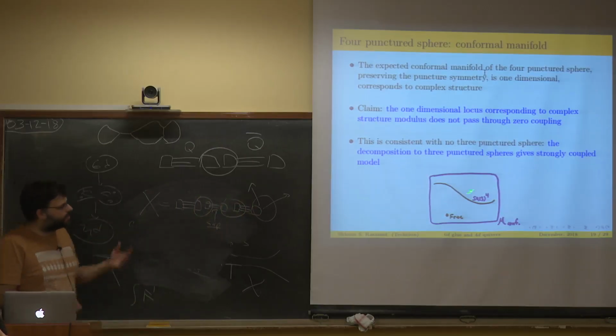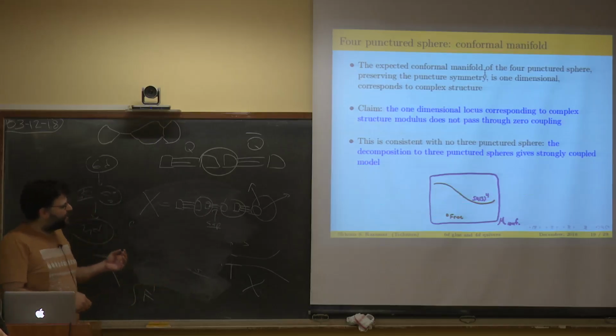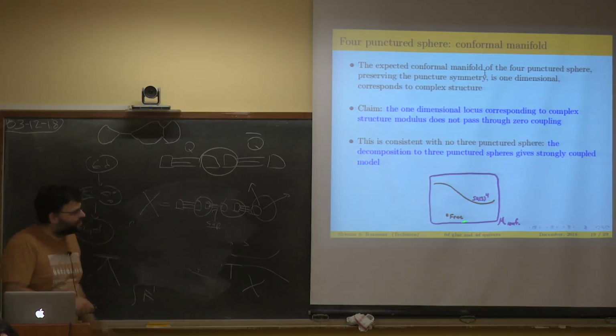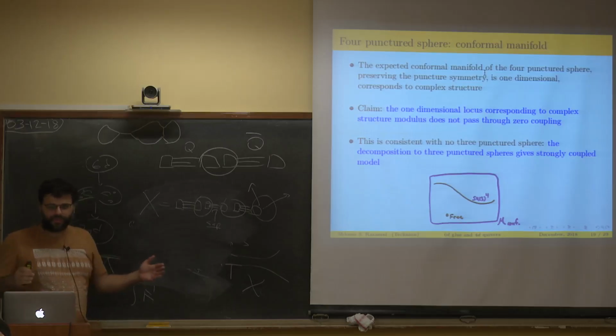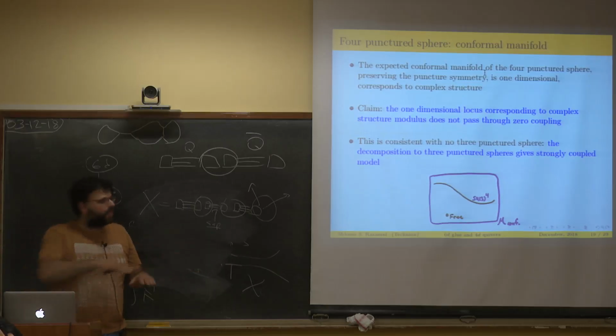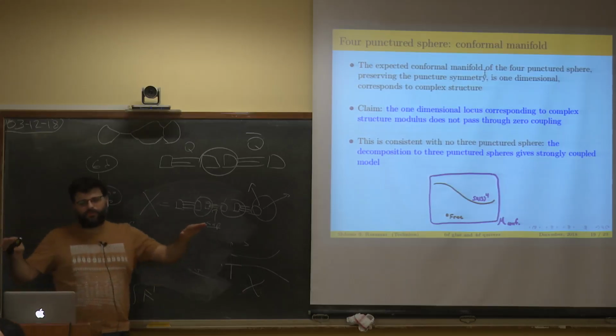The theory has a conformal manifold, and the line which corresponds to this complex structure modulus doesn't go through the 3 point. The full conformal manifold of this theory goes through the 3 point. It's a big conformal manifold. I don't remember the dimensionality, but it is rather big. And there is 1 dimension that you should identify with the complex structure modulus. It doesn't go through free coupling.